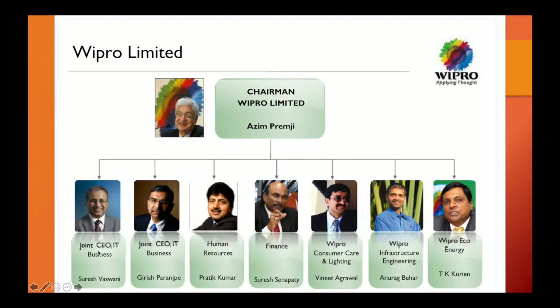He is a joint CEO IT for business. Then there is a head who is taking care of the human resource department. Then there is one person, Mr. Suresh, he is taking care of the finance department. Then these are the different people who are heads of the different units, different departments, different segments. So all this is called the organization structure.